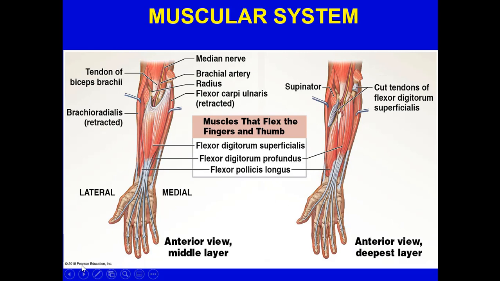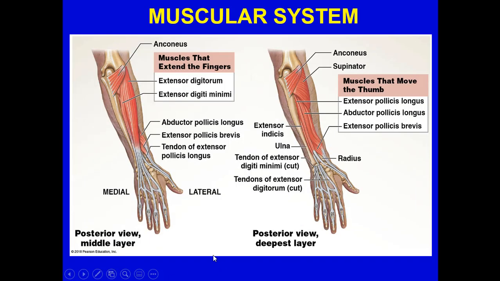All right. Now, if we go to the muscles that extend the fingers and that move the thumb, if we take a look, we have the extensor digitorum and the extensor digiti minimi. In other words, a small one down here. The minimi goes down here and actually alters the direction of the pinky finger.